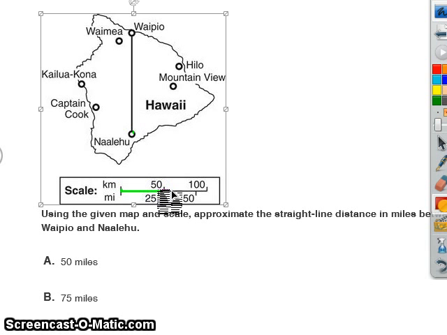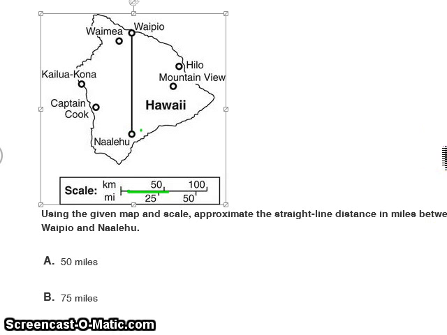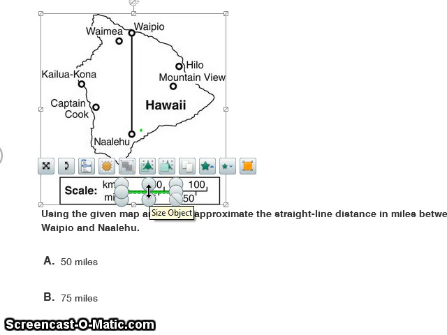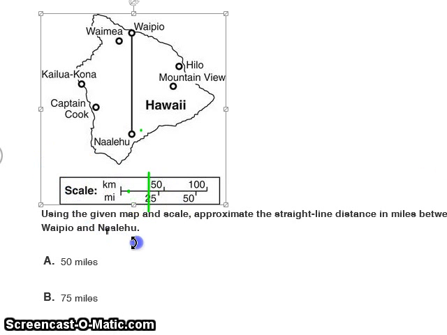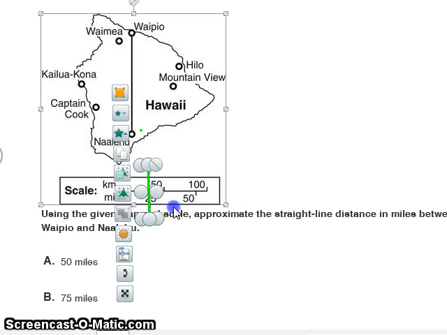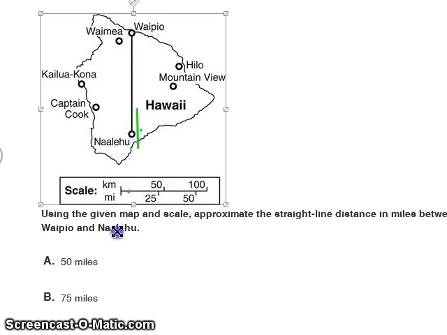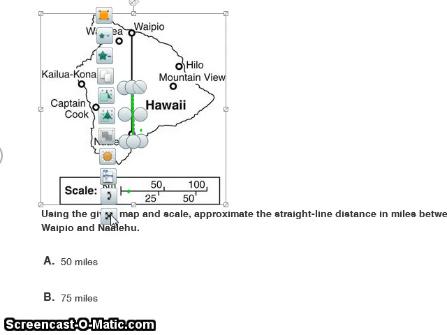Okay, so that's how far 25 miles is on my scale. So I'm going to take that and I'm going to rotate it around. Alright, I'm going to move it up here. Okay, so there's one.